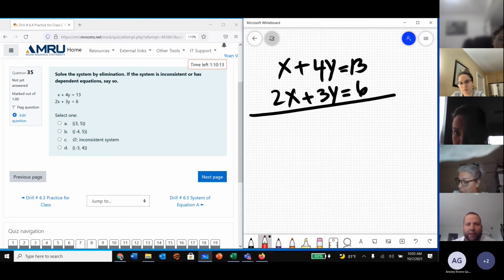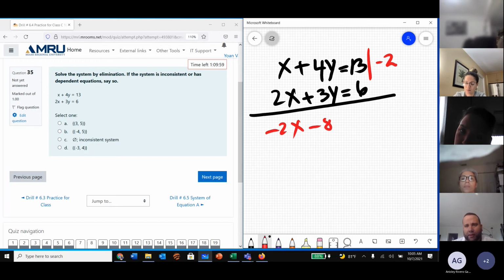The best way to eliminate one of the variables is to multiply this one by -2. Because if you plan to eliminate x, let's multiply the first equation by -2, -8y equals -26, and then we keep the second equation as it was before.